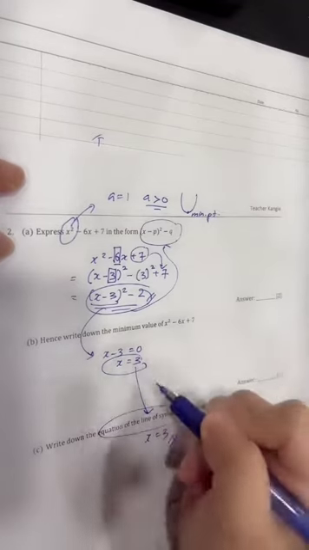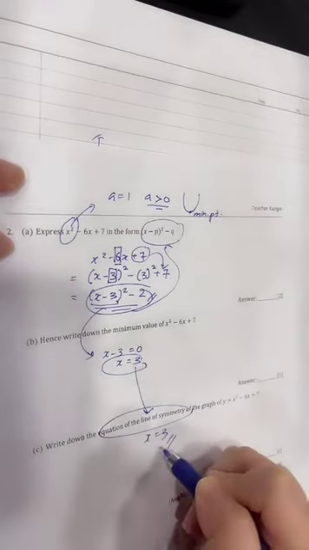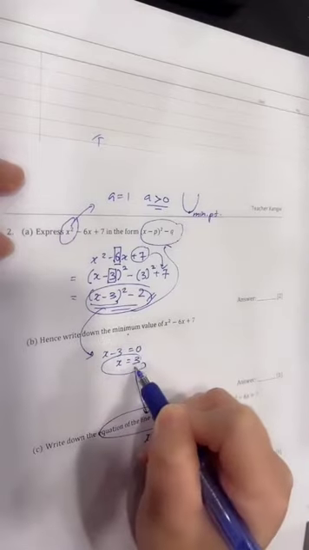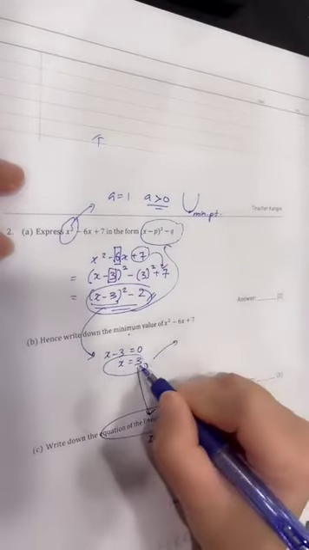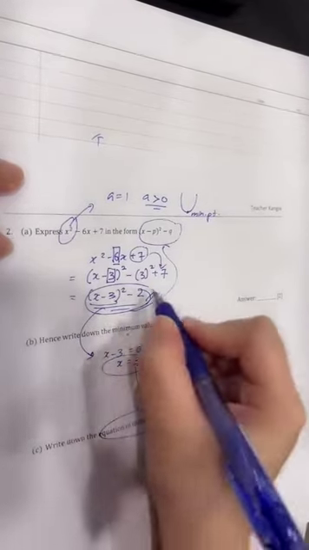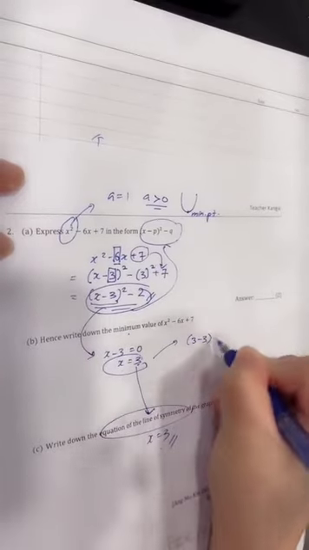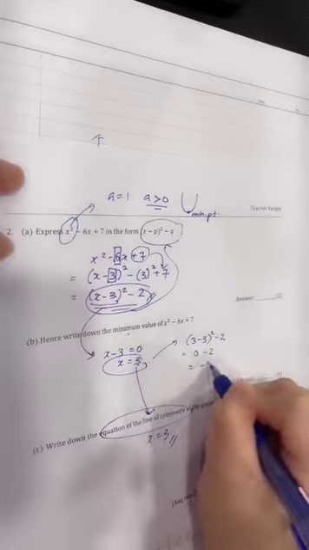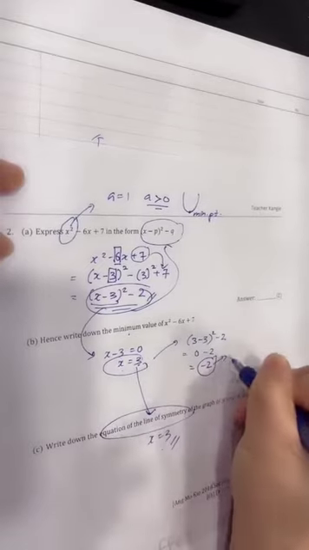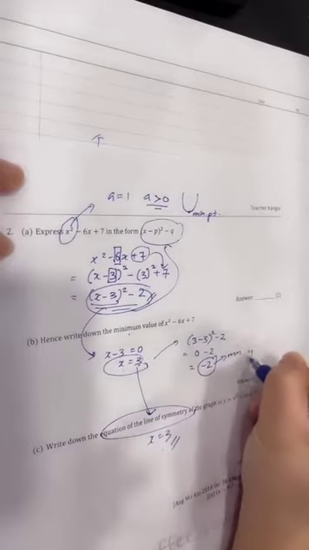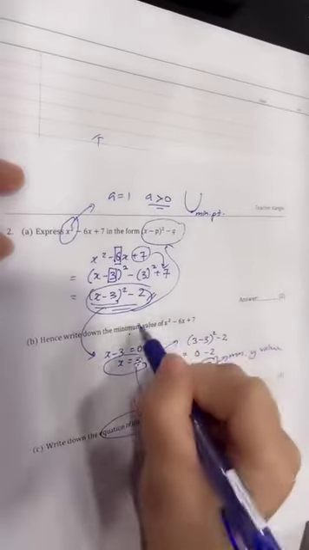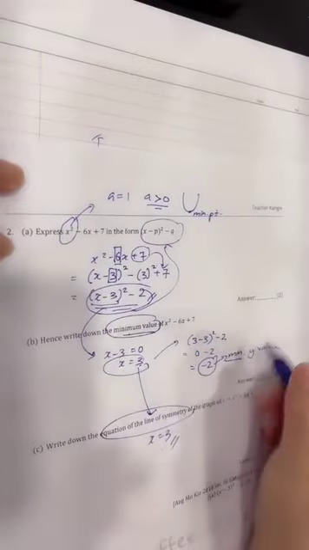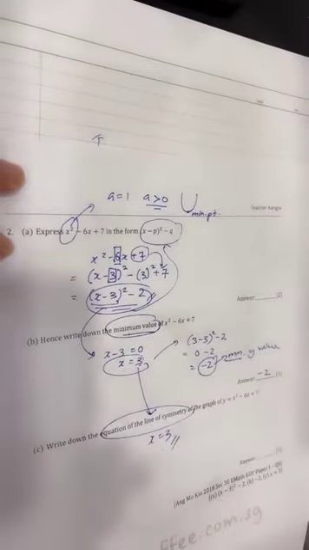Next. This is the line of symmetry. I want to find my minimum. So after I have x equals to 3, what I want you to do is substitute this x equals to 3 into over here. So you will have 3 minus 3 square minus 2. So you have 0 minus 2, which is negative 2. This is the minimum y value, which is what they ask for, minimum value, which is negative 2.